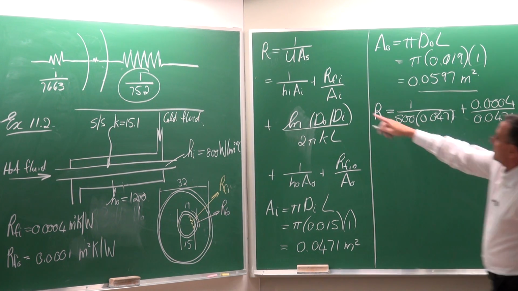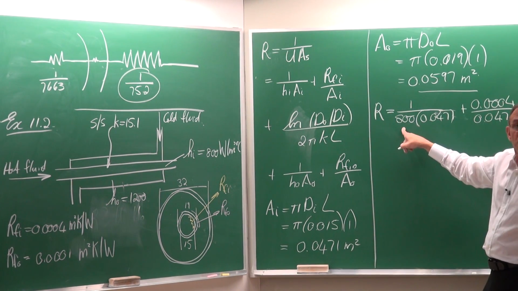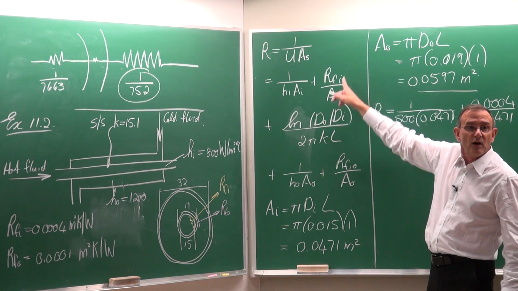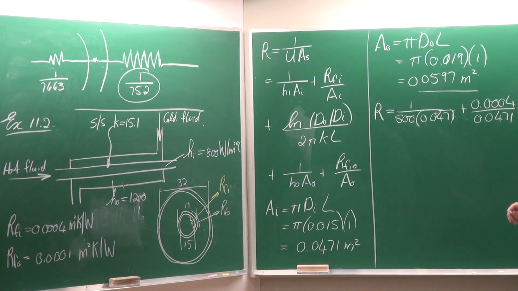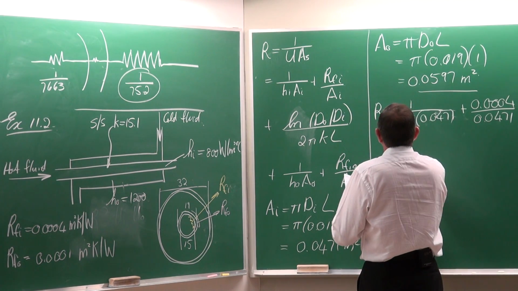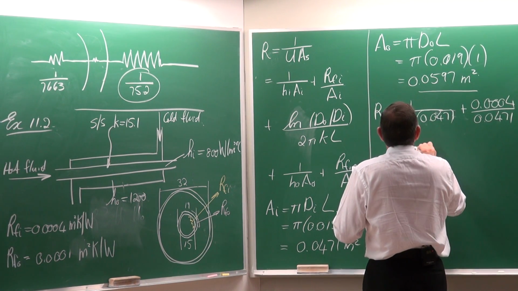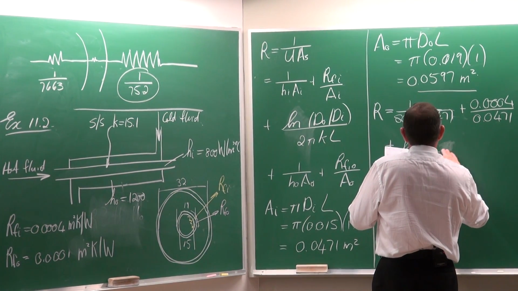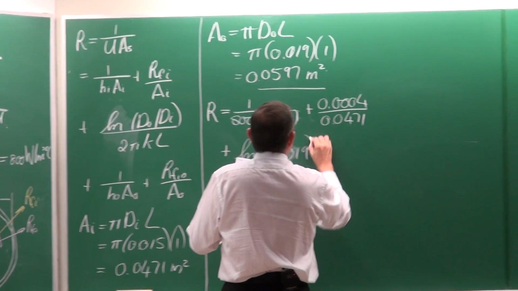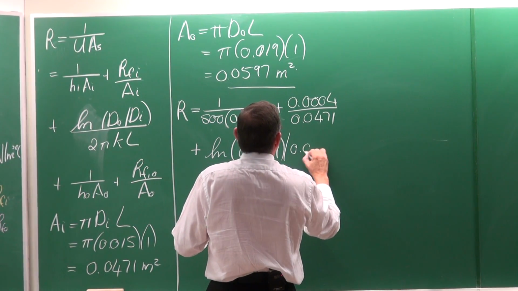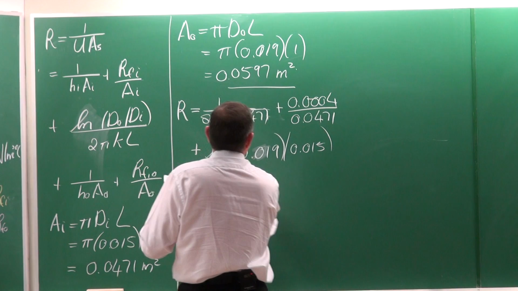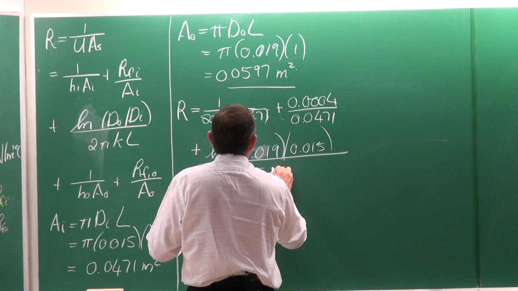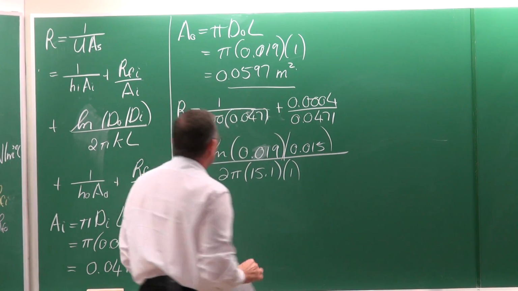Okay. So 1 divided by the heat transfer coefficient on the inside, the area on the inside, plus the resistance on the inside of fouling, plus the area on the inside, 0.0471, plus the resistance of the wall, which is the ln of the diameters, 0.019 divided by 0.015, the ln of that ratio, divided by 2 pi, k is 15.1, and L is equal to 1.